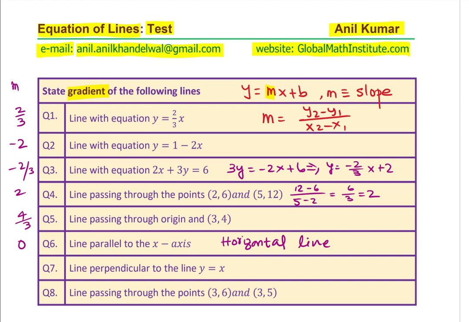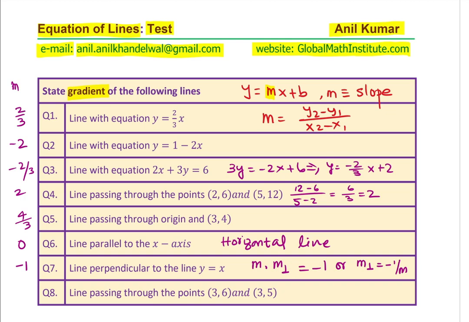A line perpendicular to y equals to x. Now, perpendicular lines, if I have product of their slope, line and its perpendicular, you get minus 1. Or you can say that the slope of a perpendicular line is negative reciprocal, right? Negative reciprocal. So this slope is 1, so negative reciprocal will be negative 1.